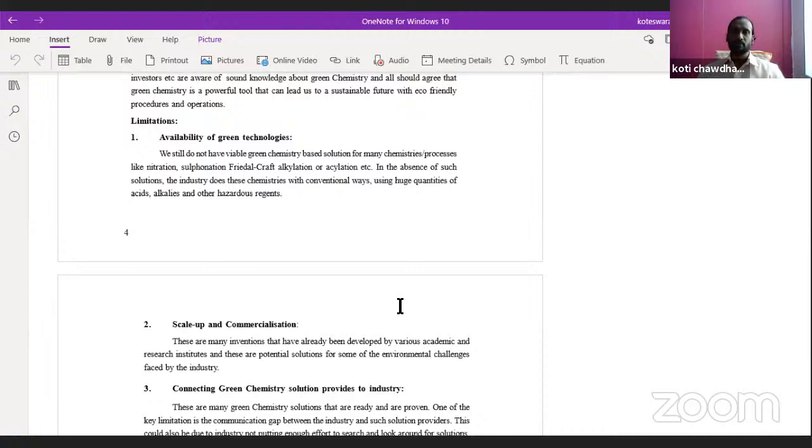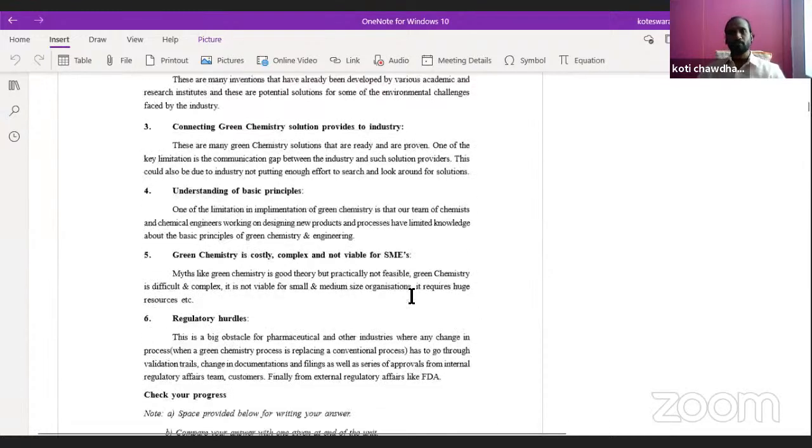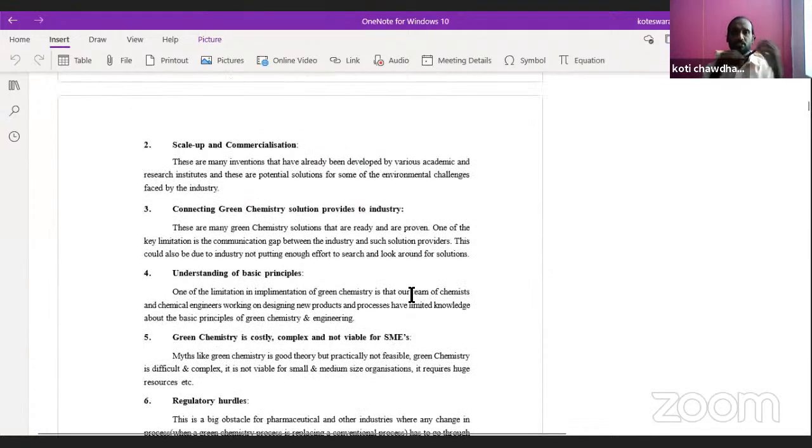All these are very hazardous to the environment, and sometimes during usage they affect human beings also. Okay, scale-up and commercialization. Researchers and academicians are developing some green technologies and green procedures, but these are not up to the mark of industries. Therefore, many of these processes are not commercialized.